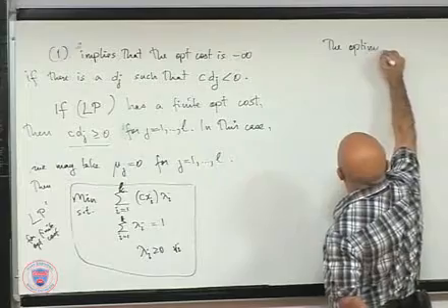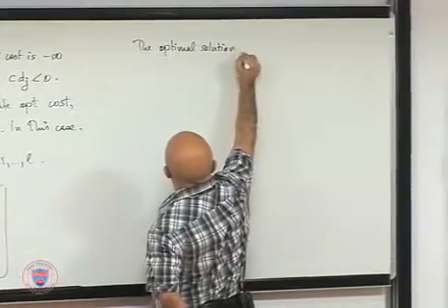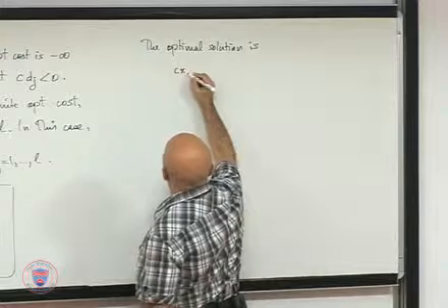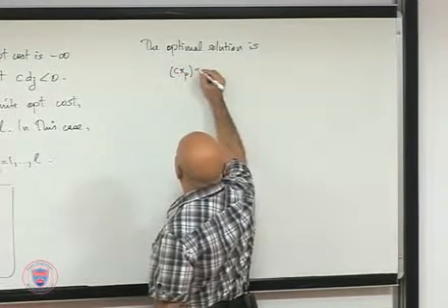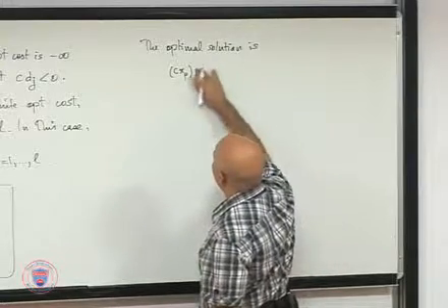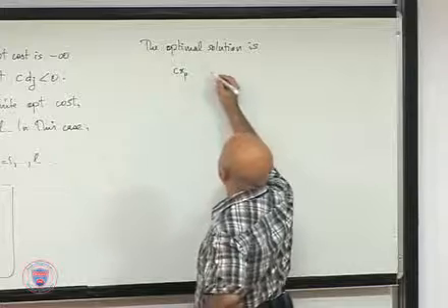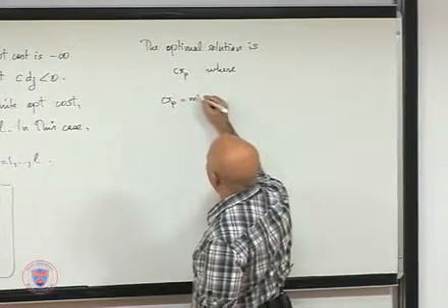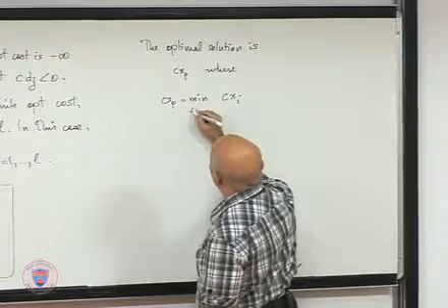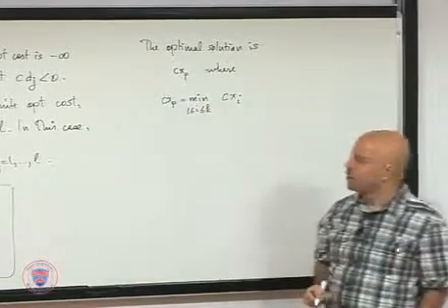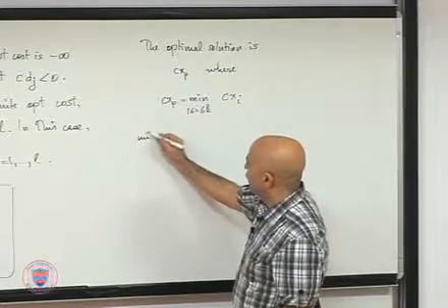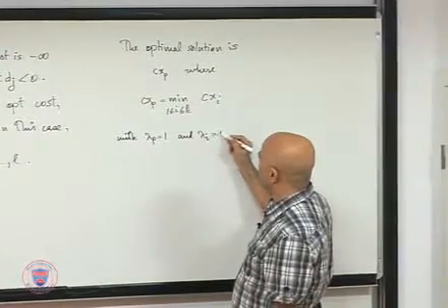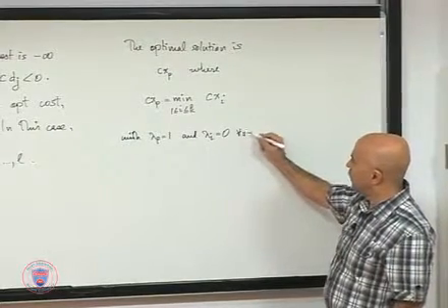So the optimal solution is, in this case, C times xp lambda p. Well, actually, the optimal cost is cxp, where cxp happens to be the minimum of cxi's, i going from 1 to k, with lambda p taken to be equal to 1 and lambda i taken to be equal to 0 for every i other than p.